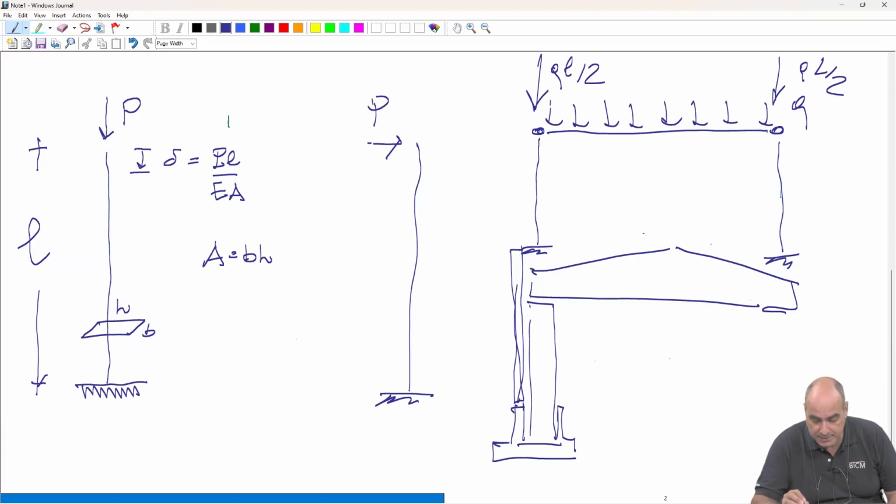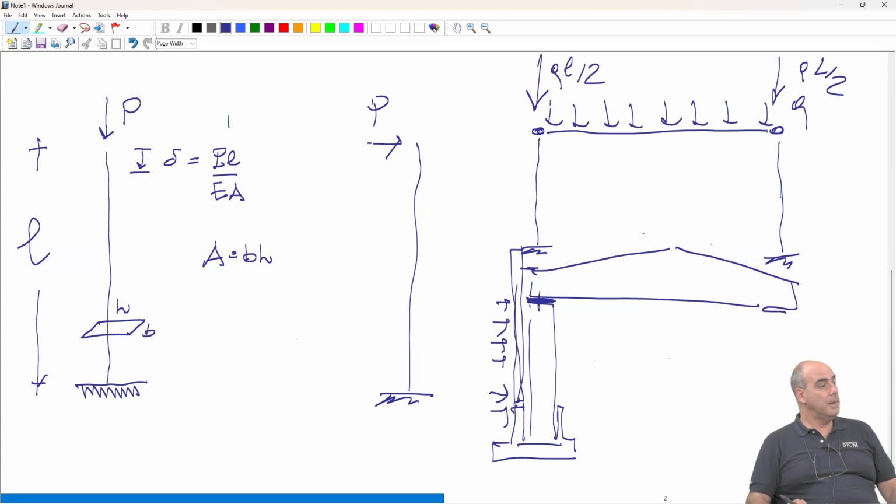For example, it's connected to here, to the beam, but there is a connection which transfers. So you transfer at this level here part of the wind force. What is the deformation that you expect in this case?